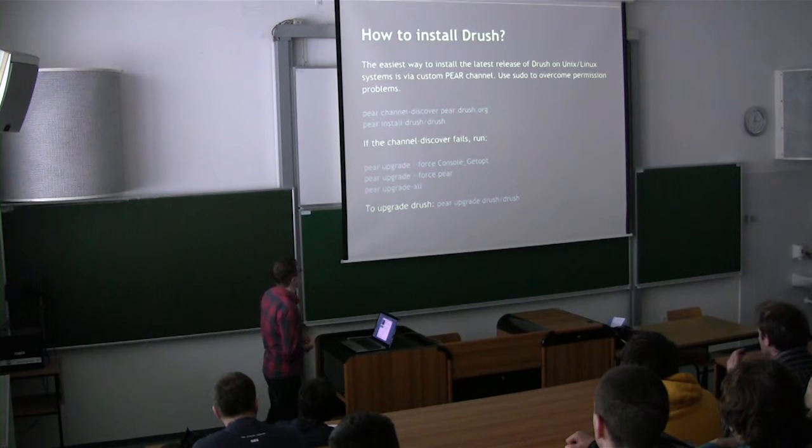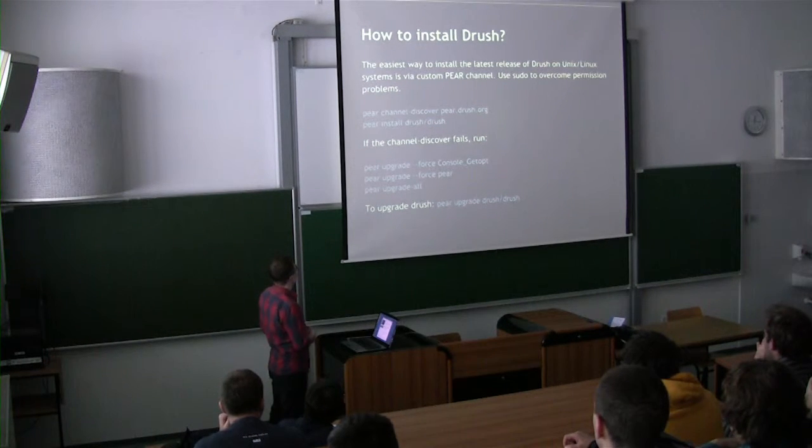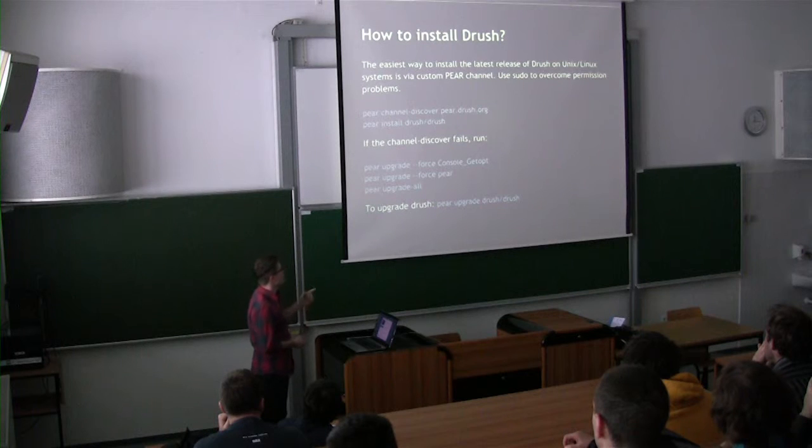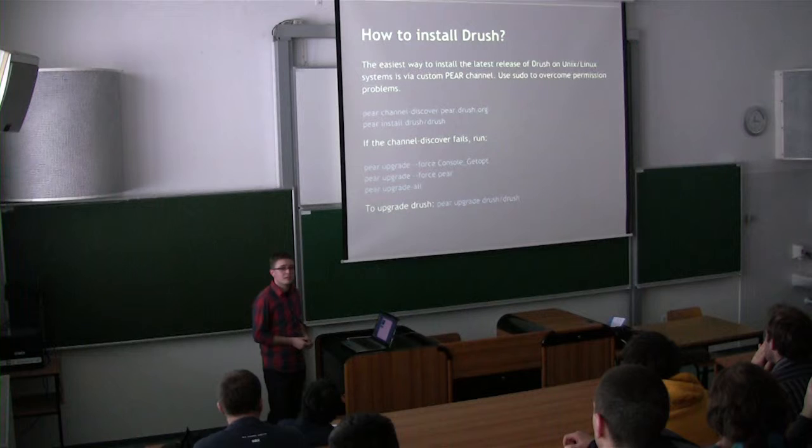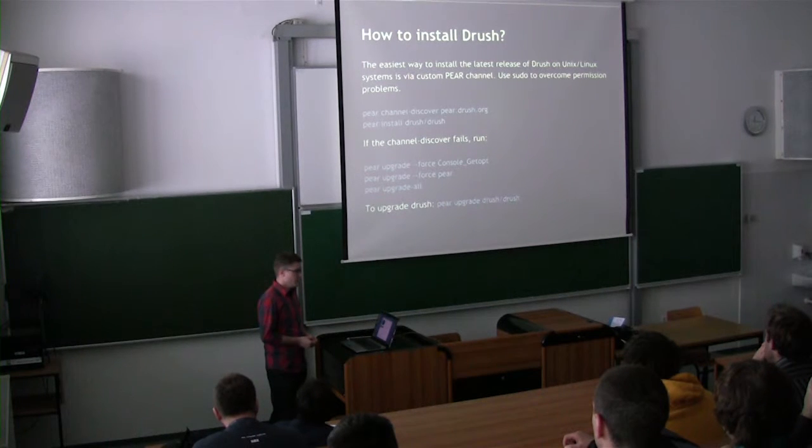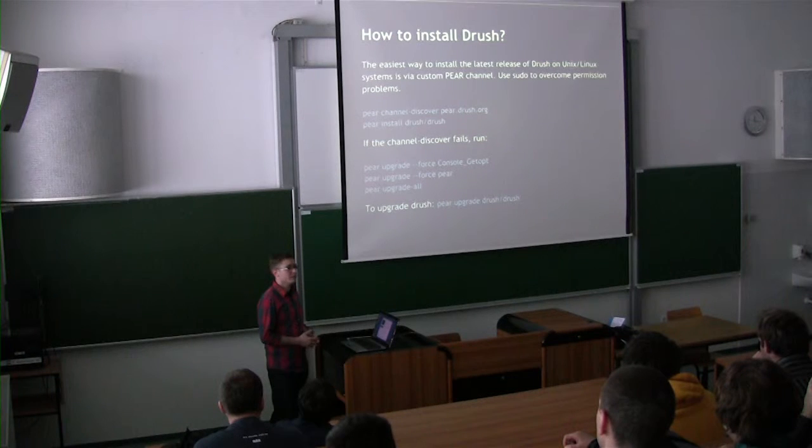Eventually, if you need, you can upgrade all the PEAR add-ons, and it provides you a very easy way to upgrade your Drush version via upgrade drush/drush. You can also install multiple versions of Drush via PEAR if you need to recreate the environment on a server, perhaps.